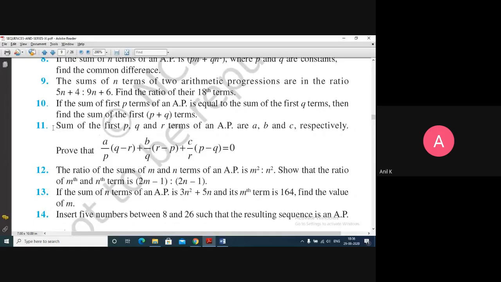Next, 11th question. The sums of the first p, q and r terms of an AP are a, b and c respectively. Prove that. Okay, this let me solve.